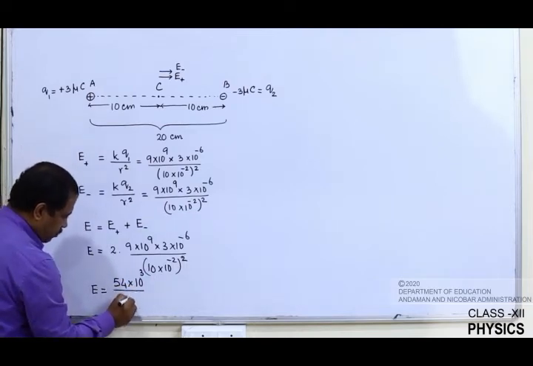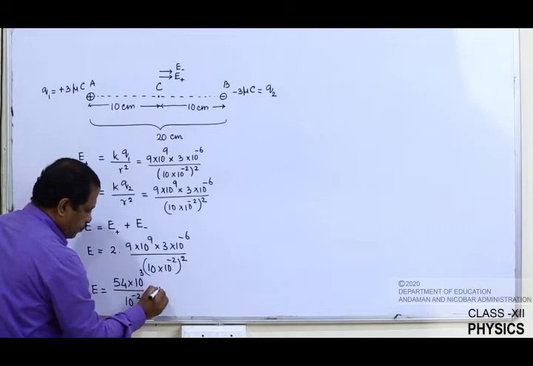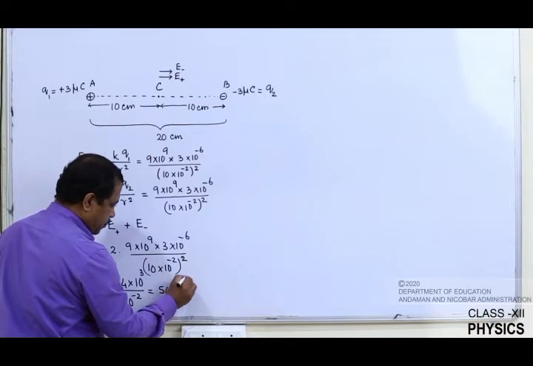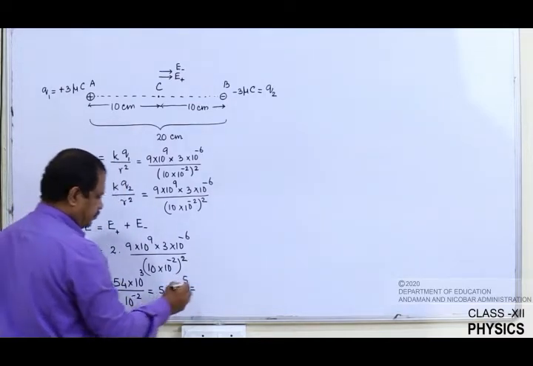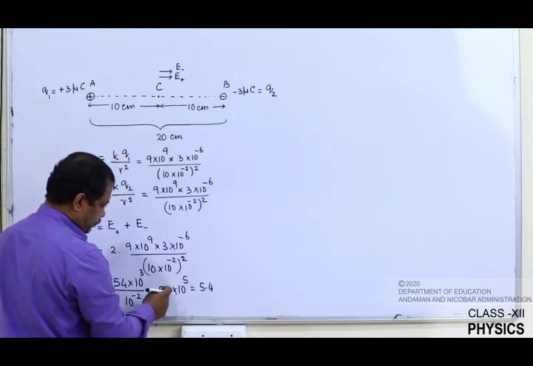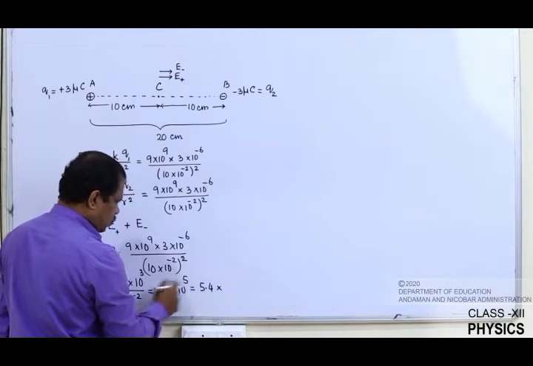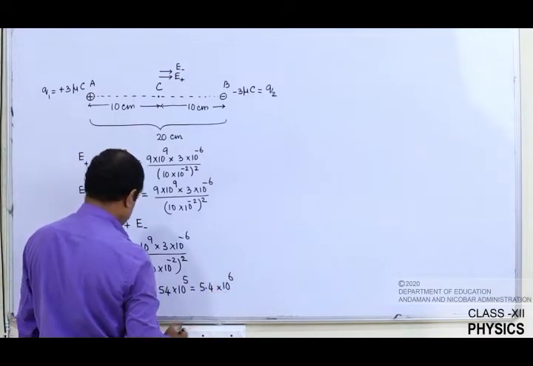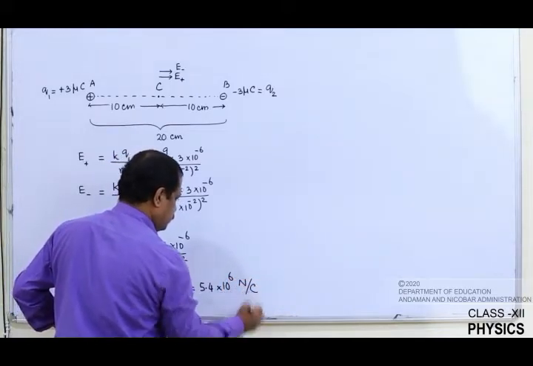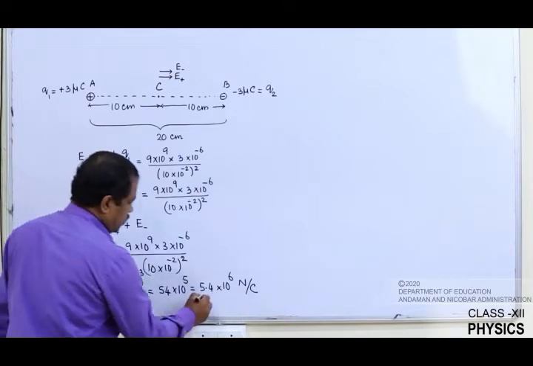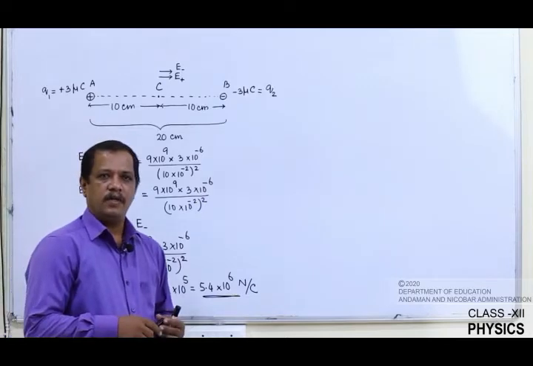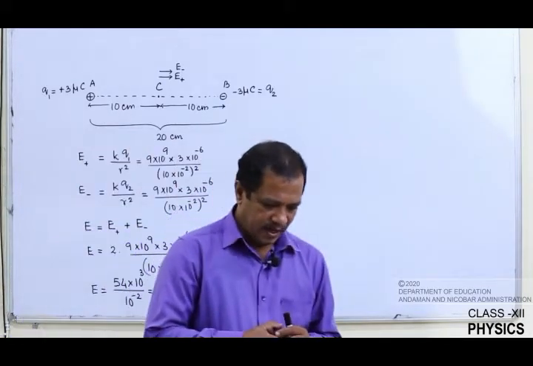So this gives me 54 into 10 power 5, and in turn this will give me 5.4 into 10 power 6. E is Newton per coulomb. So this is the answer, 5.4 into 10 power 6 Newton per coulomb, which we calculated using the magnitude.